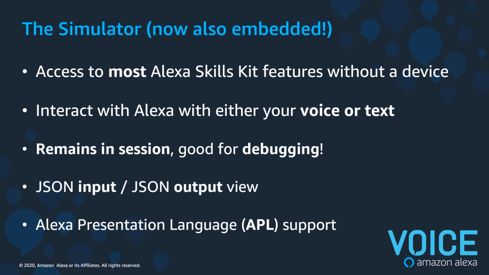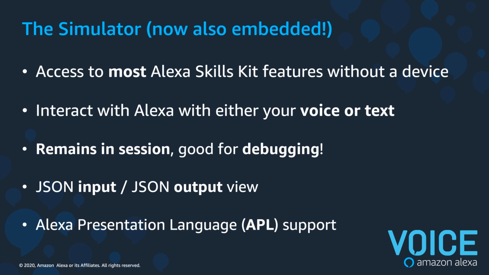One of the things that might help you go faster is that when you're using the simulator, you can skip saying the wake word, since you will be waking up the device when pressing on a button basically. One of the things I like the most is that you can take your time to send the next utterance and remain in session. This is something you can use to make debugging of the skill requests and responses easier.